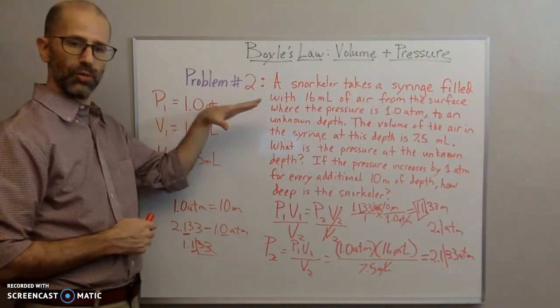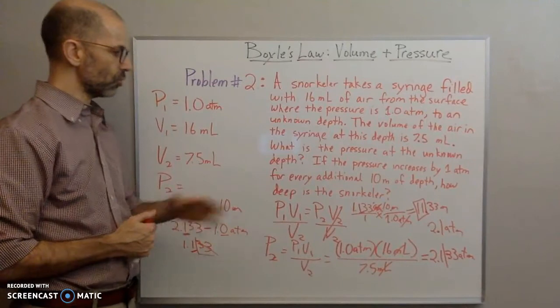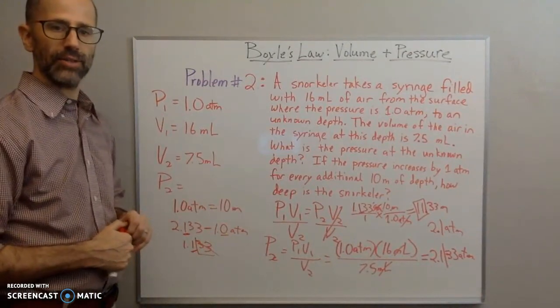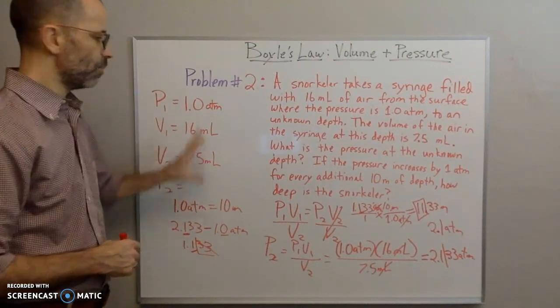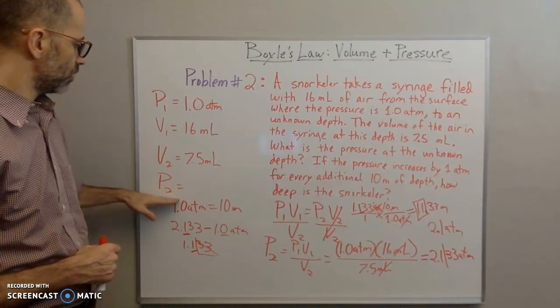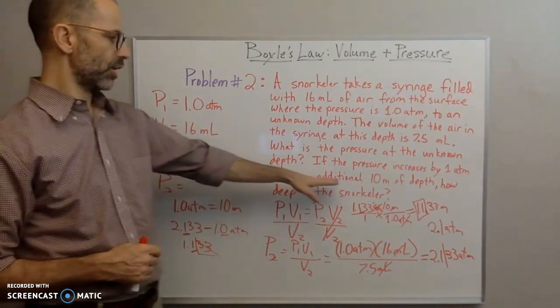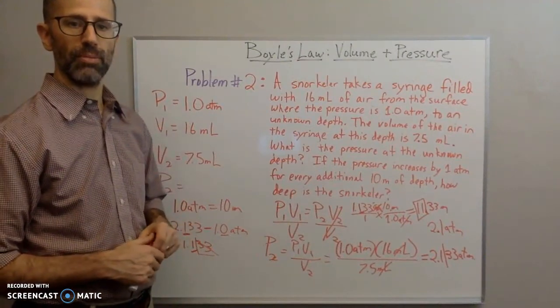So I went from the surface and I went down 11 meters. And so that is the answer to the question. That's how you answer this question. We started with Boyle's law, and then we took our pressure and the relationship they gave us to solve the depth problem.